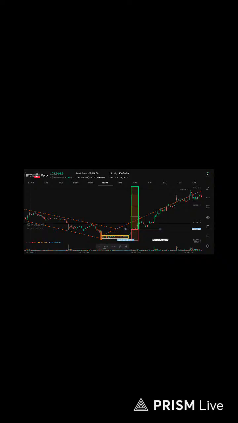The blue line is supposed to be your entry, then your green line is your take profit, then this would have been your stop loss.